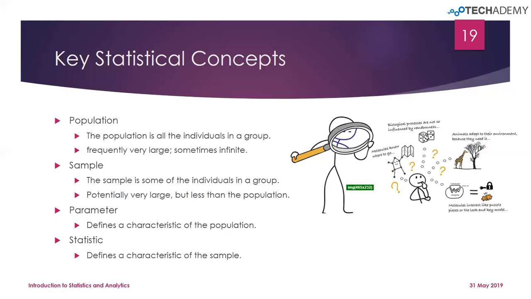But if we are defining the characteristic of the sample, doing the research on the sample and taking, say, mean, median, mode, standard deviation and any other statistical analysis, then these values are called a statistic of the sample. So whenever we do research on the population, we get a parameter, and whenever we do our research and analysis on the sample, we have a statistic.